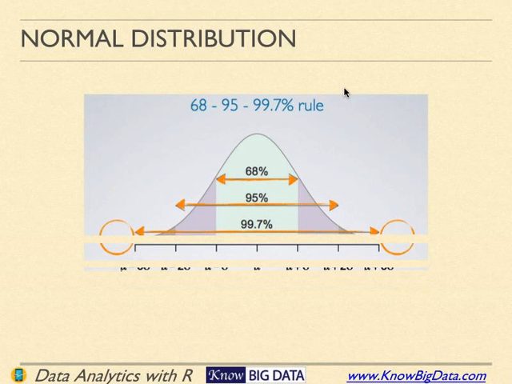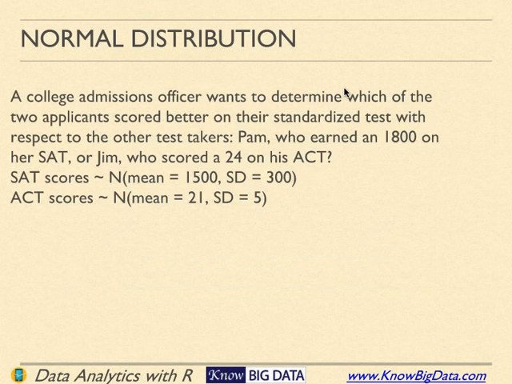Since the whole area of the graph is 1, the chance of a point being within this range is 68%.